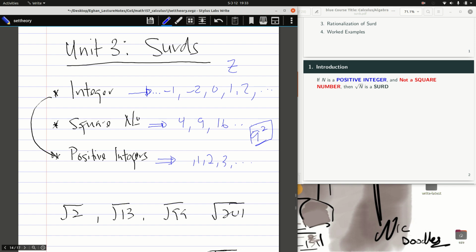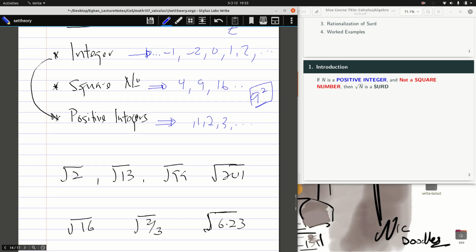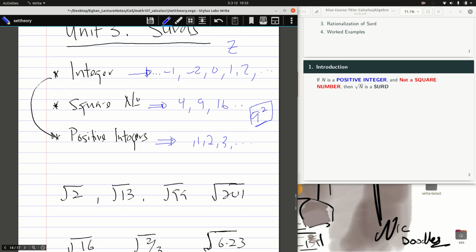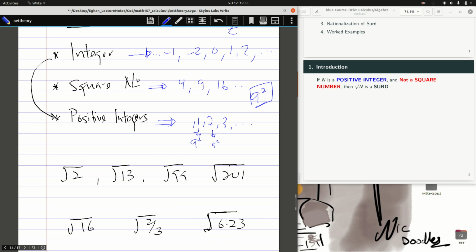So these are positive integers because 0 is neither negative or positive. Well, you can argue out. So these are the positive integers. So if there's nothing squared to represent 1, then it's a set. If there's nothing squared to represent 2, then it's a set. And that is the interpretation we are giving here.